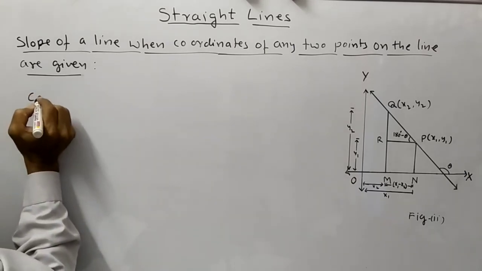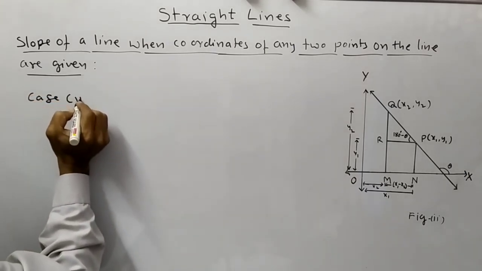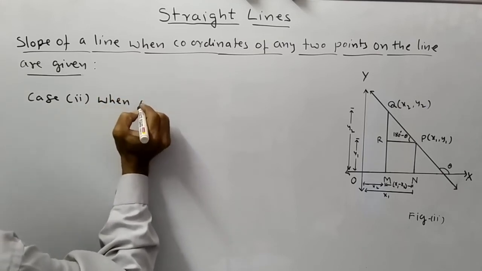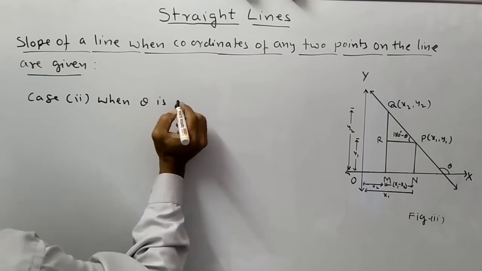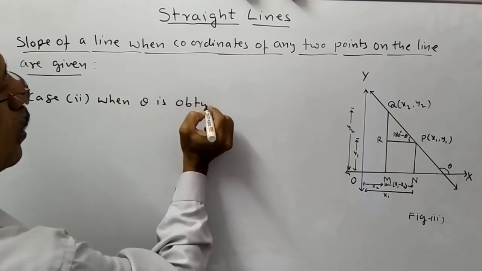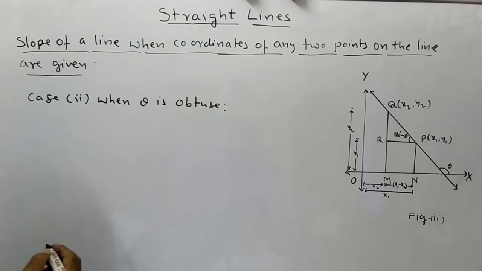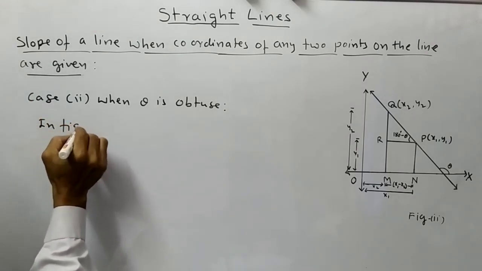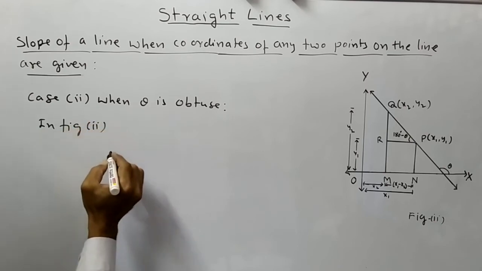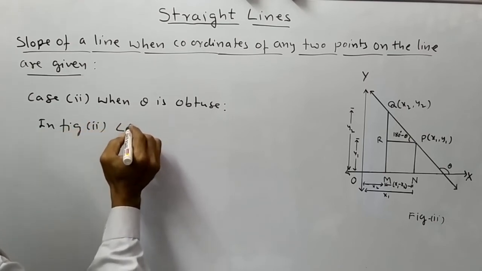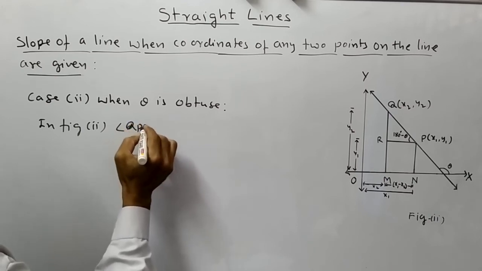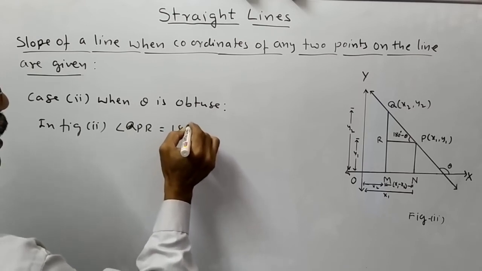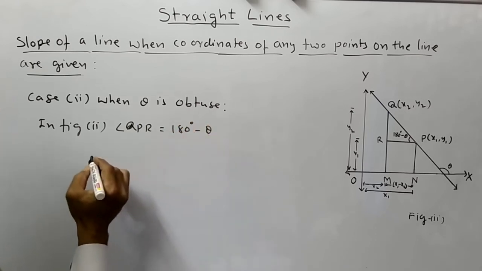Case 2. When theta is obtuse. In figure 2, angle QPR is equal to 180 degree minus theta.